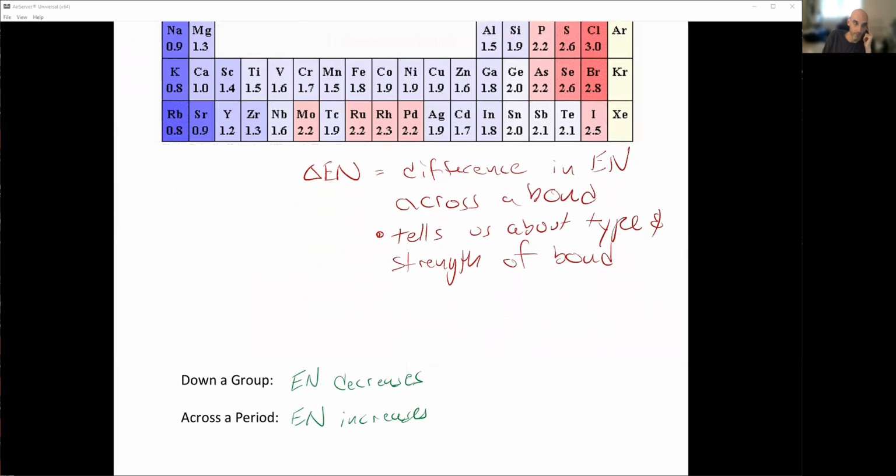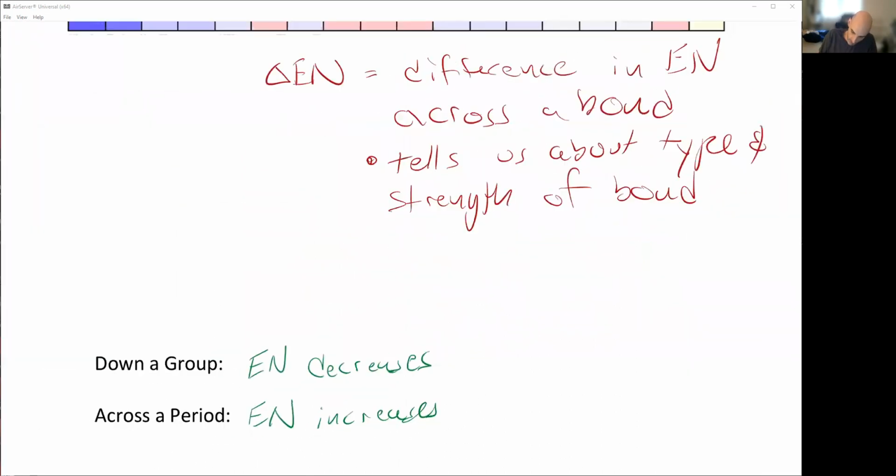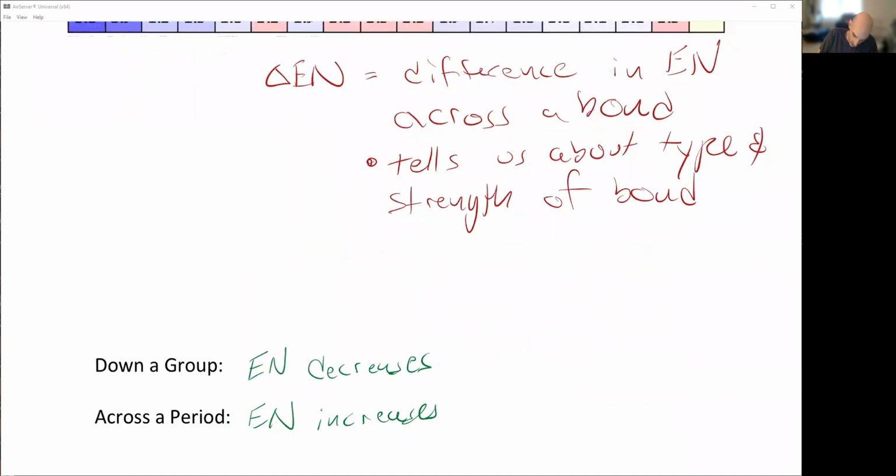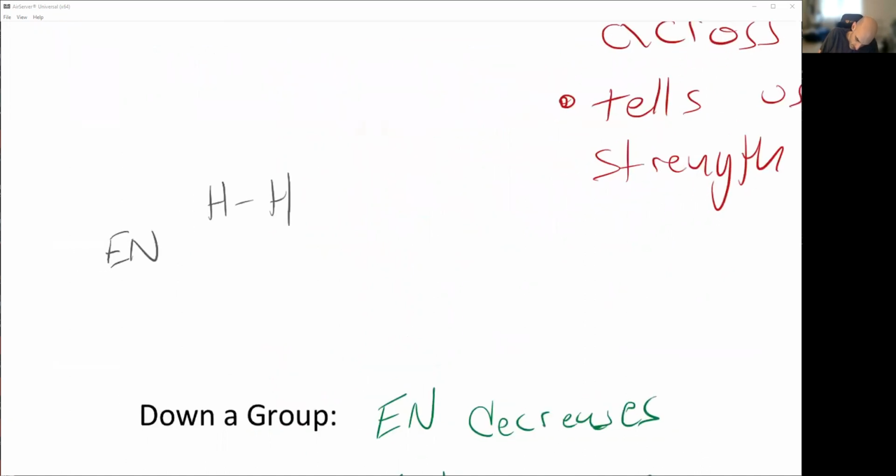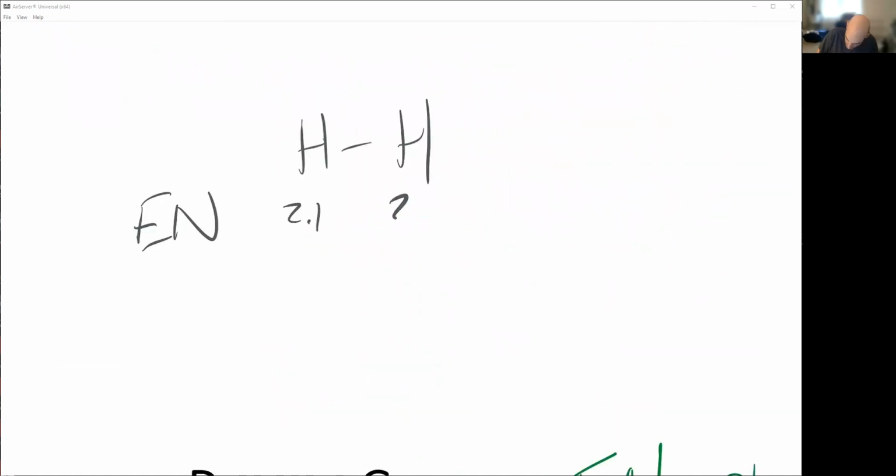The concept behind delta EN is actually pretty straightforward. If I have hydrogen bound with hydrogen, the electronegativity of hydrogen is 2.1 in both cases. So the delta EN of that bond is equal to 0.